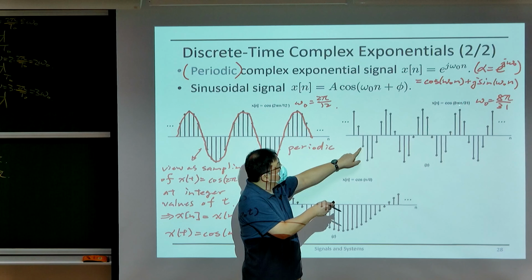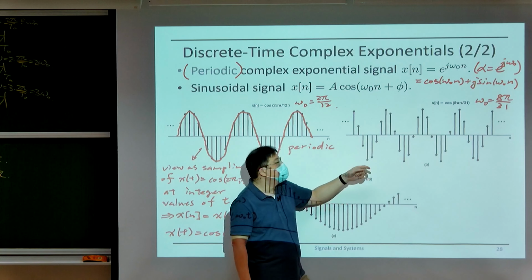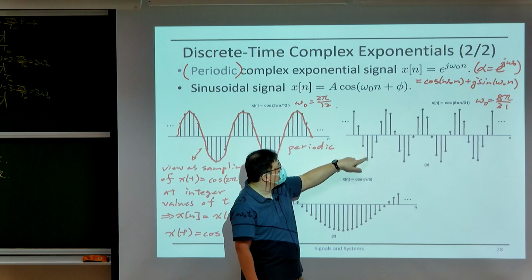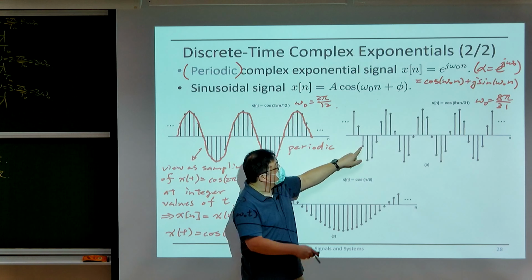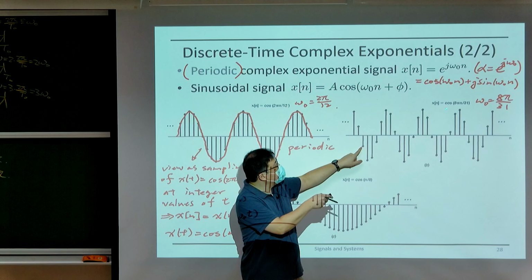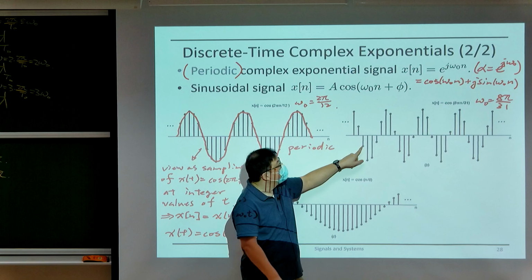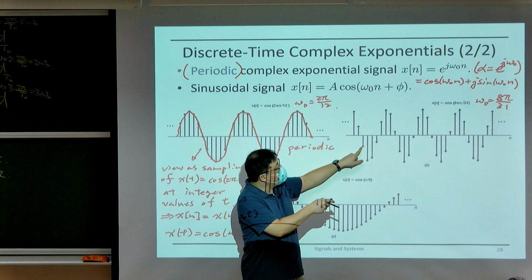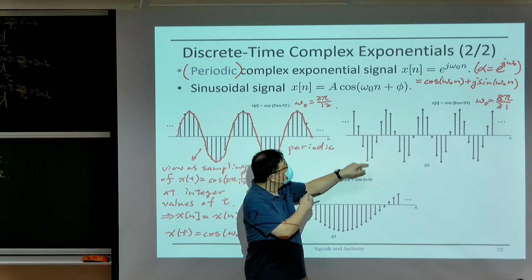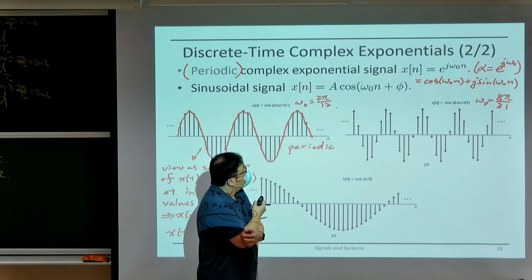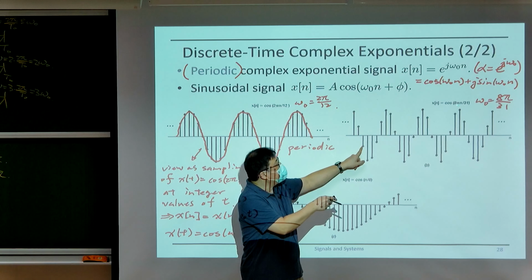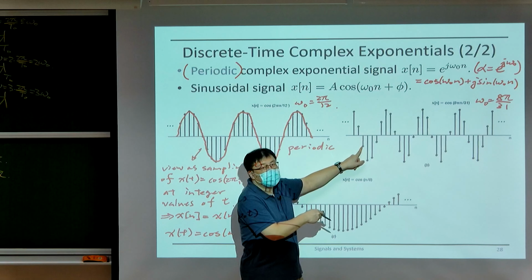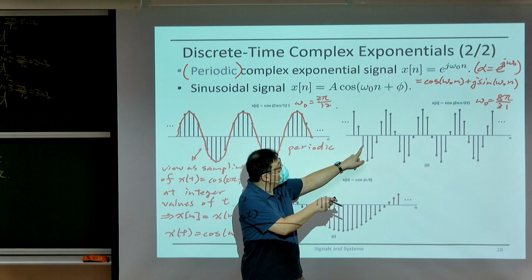So suppose you start out with a particular n. Let's just imagine that this is n equal to 0. Suppose that you take 7 samples.